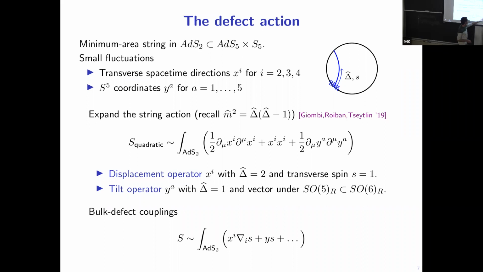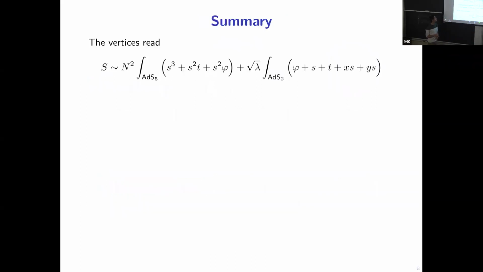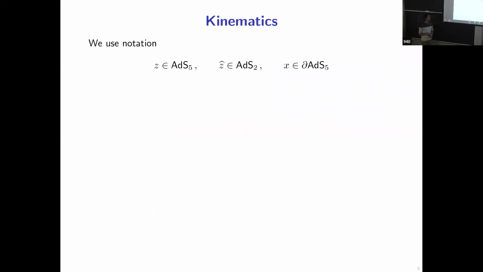And here I didn't write the indices, because I'm being very schematic about the symmetry index. But this y would contract with some spherical harmonic that lives in S5. So yeah, I can write it later if you want. Any other question?